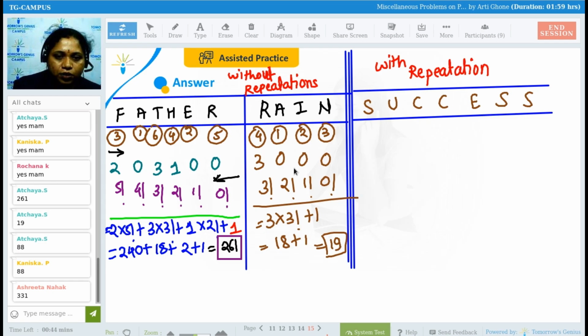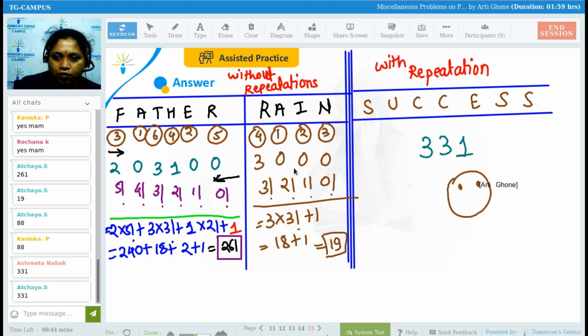Yes, now you got the concept. The ones who were writing 331, I'm placing a smiley for them. 331 is the correct answer. Clear? Okay. Now let's have a look at the next pattern of questions.